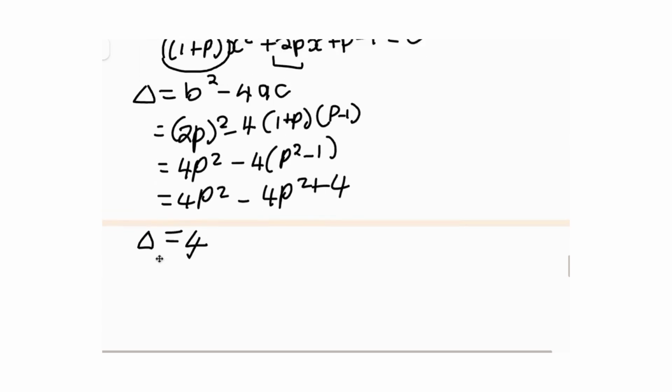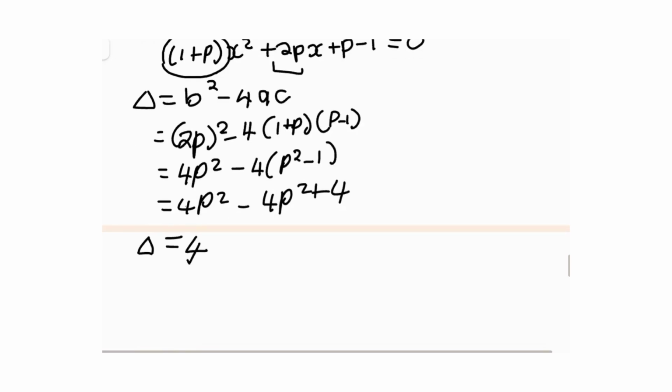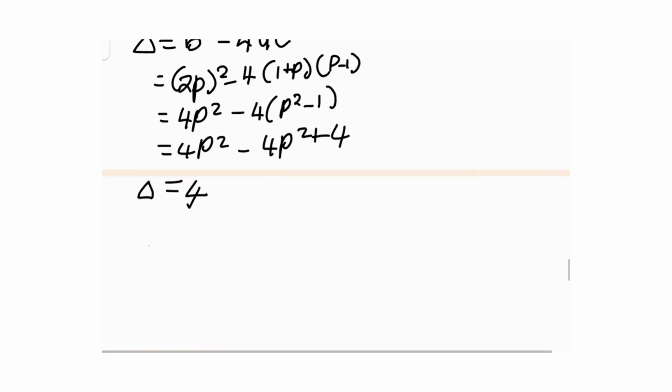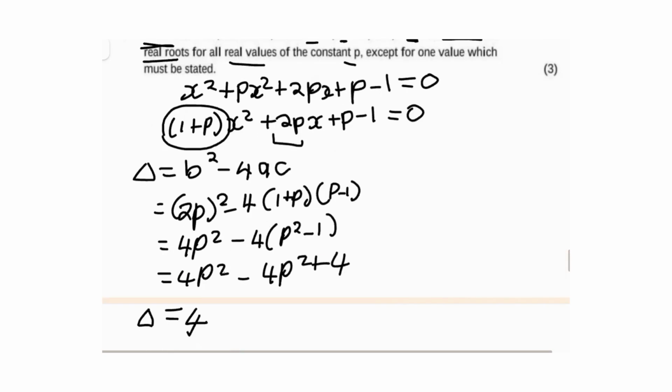Therefore, because they said we must state a condition, the condition is that 1 plus p must never be equal to 0, meaning p must never be equal to -1.